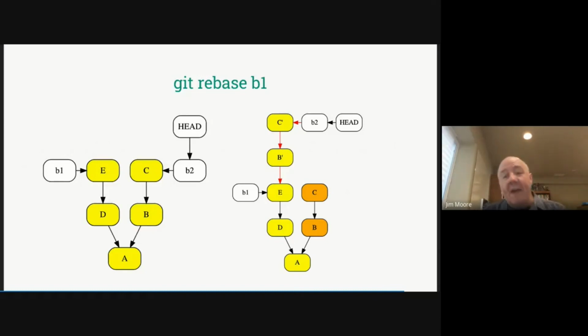And so that can cause confusion if you don't know what just happened. If you know what happened, it's really, really easy to recover from, because, again, all it's doing is applying a series of cherry picks.